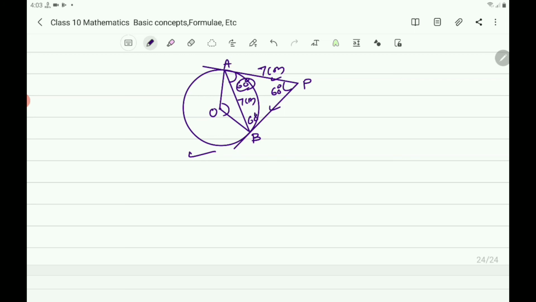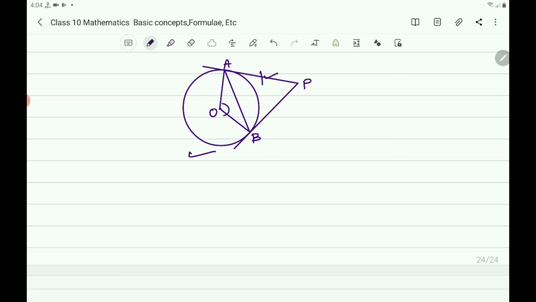So here, if one angle and the length of the tangent are given, then you will get the measurement of the chord. And also you know that the tangents subtend equal angles at the chord.